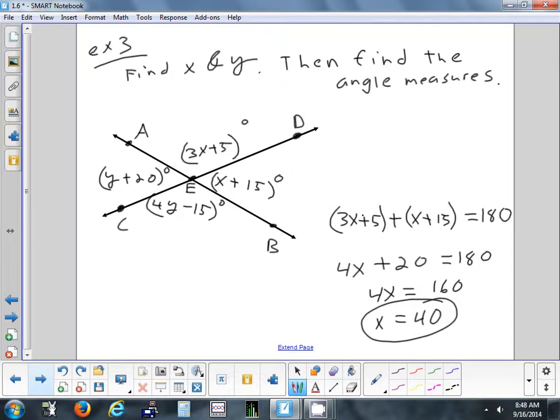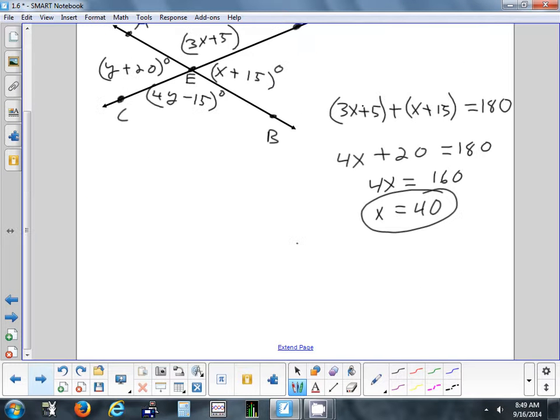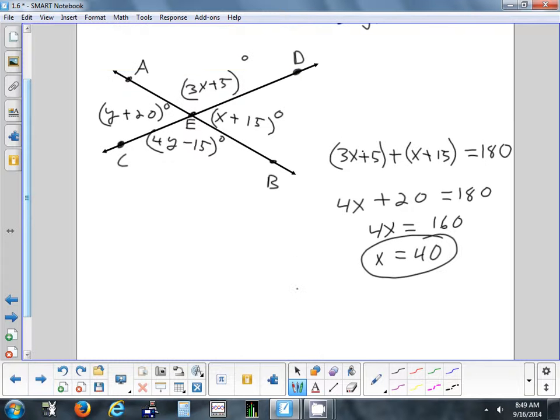But we have to prove that CEA is 55. So if we're confident we found x correctly, you could just say 55, which is this angle, equals this angle, y plus 20. What's the danger of doing it this way?